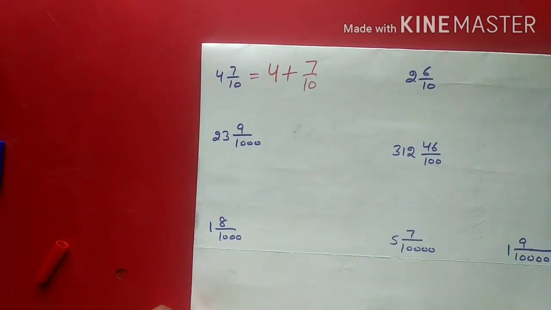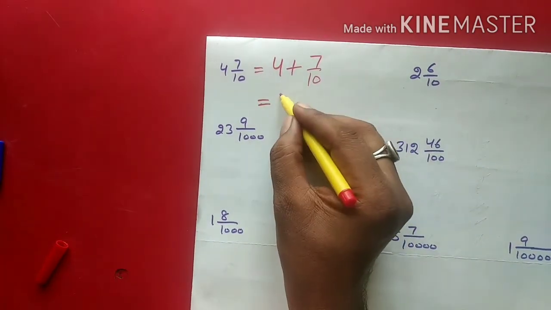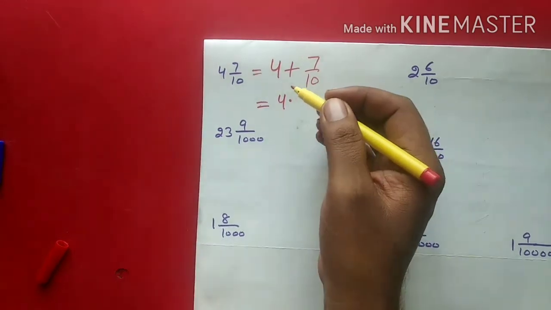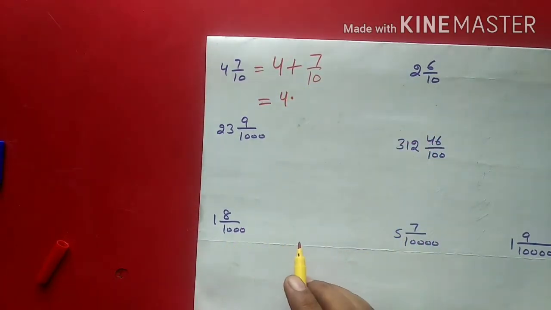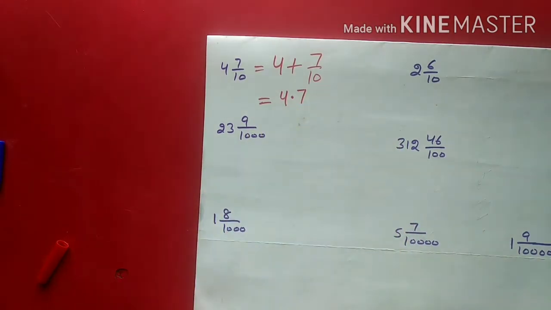Okay student, so we will apply our previous learning. Now 4, after that you will write decimal, and after decimal you will have to write 7 in such a way that after decimal there is only one digit, as there is 1 zero. So 4.7 is the answer.